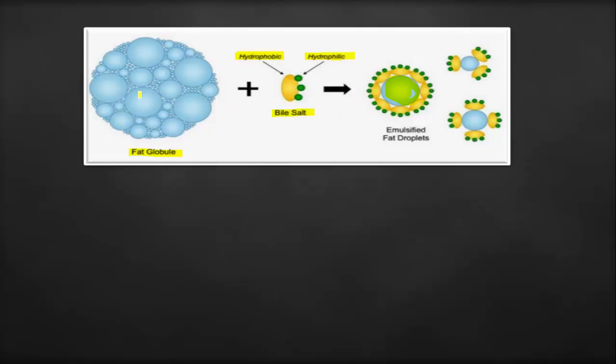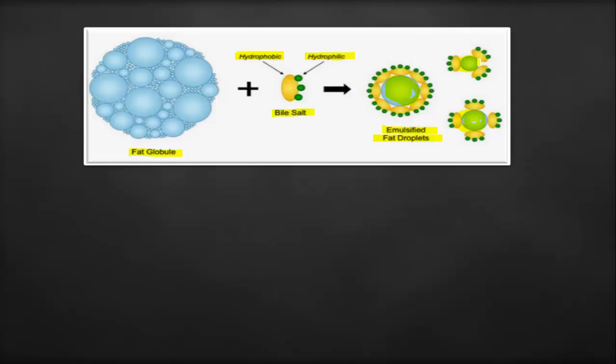This larger fat globule, by mixing with the bile salt, is broken down into smaller fat globules, and these smaller fat globules are referred to as emulsified fat droplets, emulsified fat or micelles.